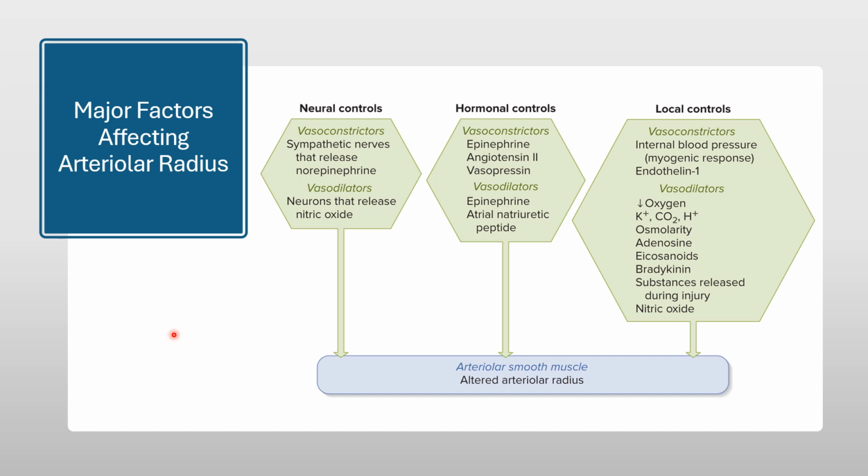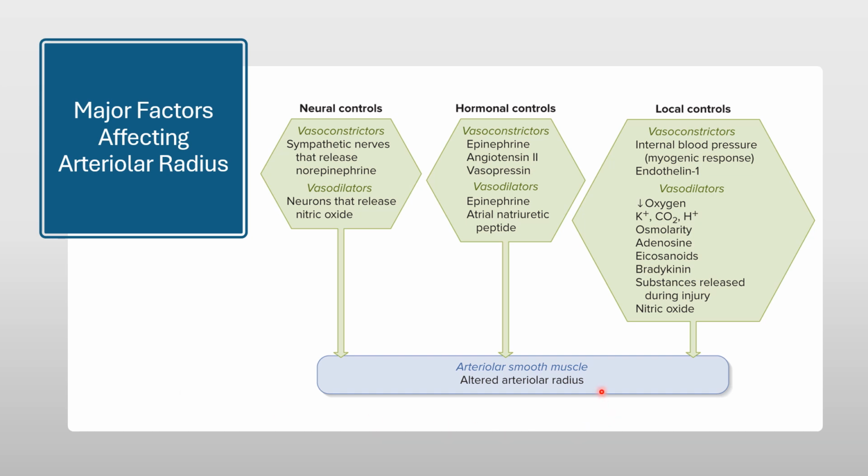So the major factors: the neural controls are norepinephrine, which, remember, is a neurotransmitter and also a hormone, and nitric oxide, which is also a neurotransmitter. Both of those can act on the smooth muscle that surrounds the arteriole radius that we saw back in the previous picture.